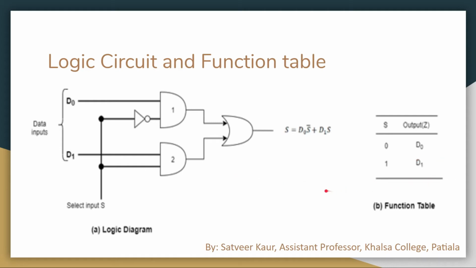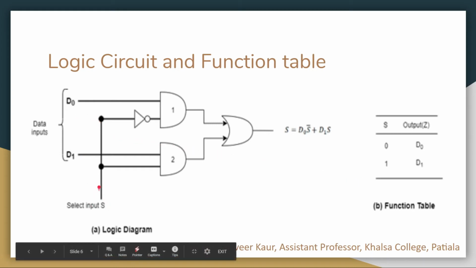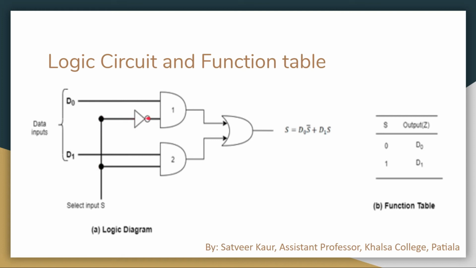When S equals 0, the value 1 will be directed to gate 1 through the inverter, therefore AND gate 1 is enabled and AND gate 2 will be disabled. So the output will be Z = D0.